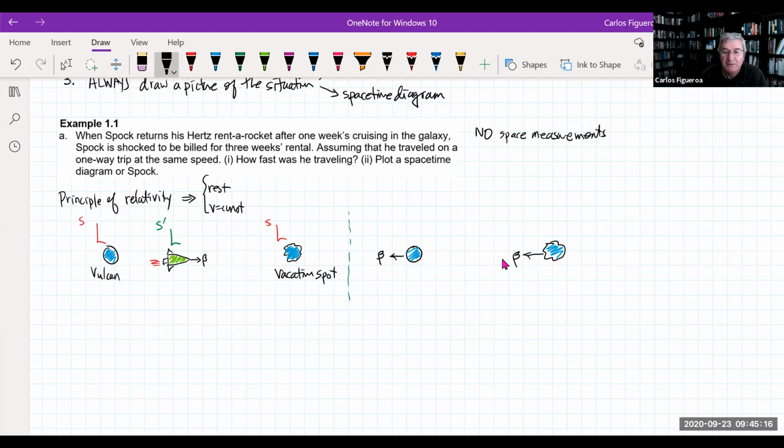Right? And if you're anything like me, when I first started out, I'm going like, that's not true. The rocket's moving, and the Earth and the vacation spot are actually stationary. The principle of relativity says, no, you're wrong.